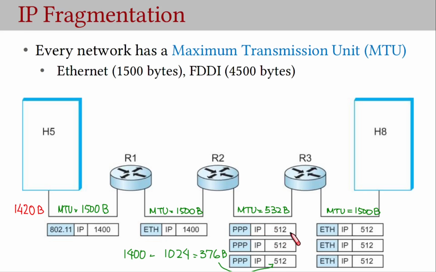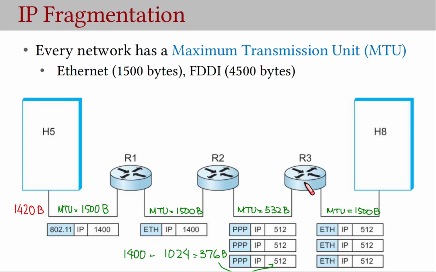And these fragments are entire datagrams by themselves. As you can see, they have an IP header, and we'll come back to what goes in the fragmentation fields. But basically the point is from this router onwards, they would be carried to the destination independent of each other.